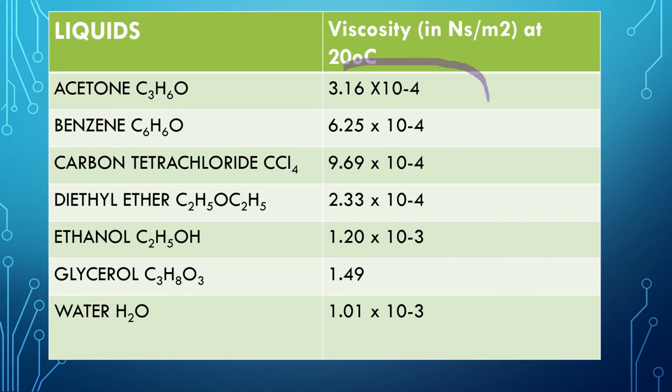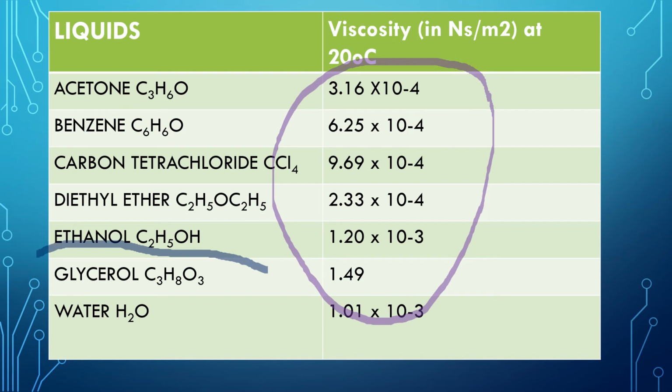Among these viscosity amounts, which of these liquids has a higher viscosity? Automatically, the answer, ma'am, it's glycerol. Kasi among this, wala siyang times 10 raised to negative something. So, glycerol.